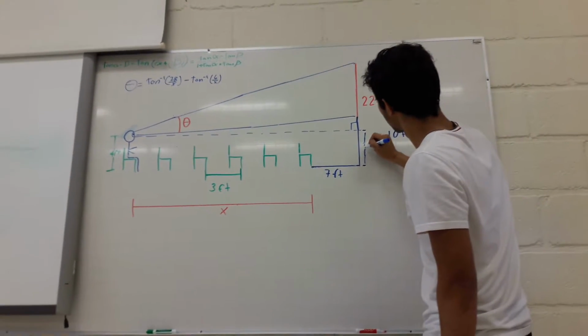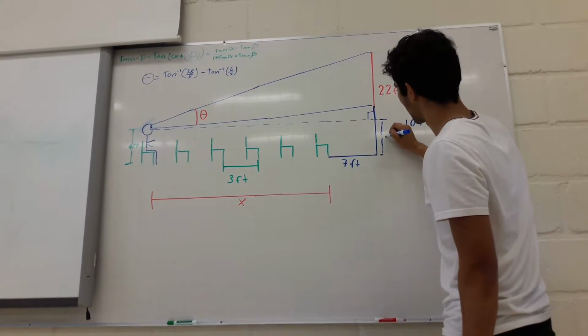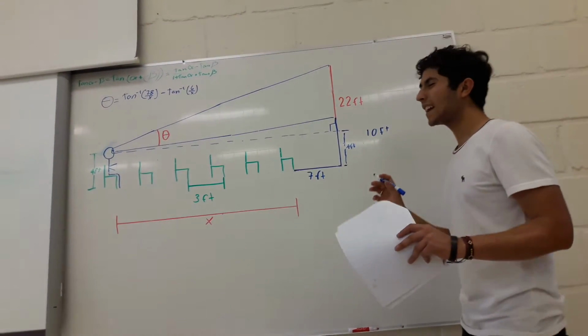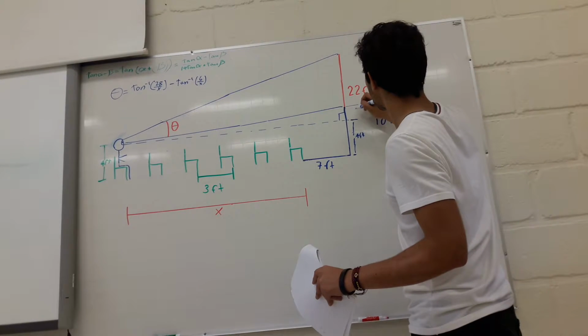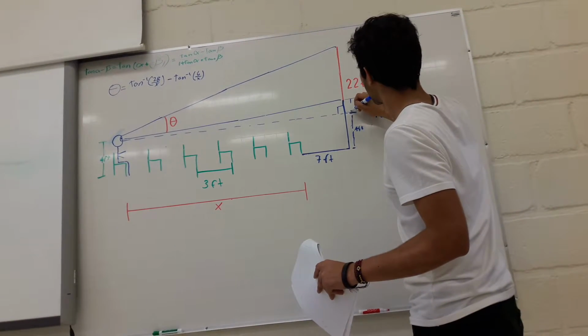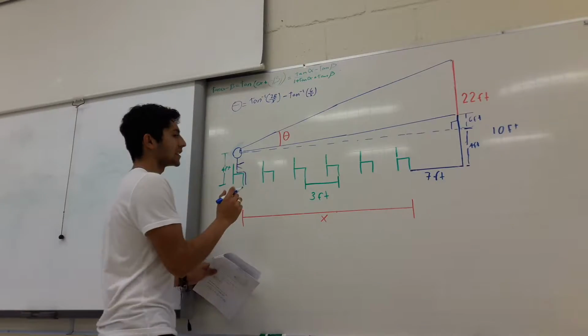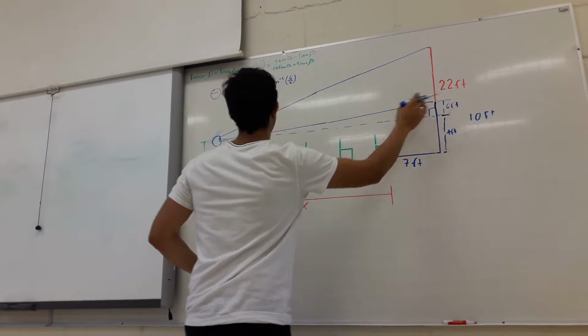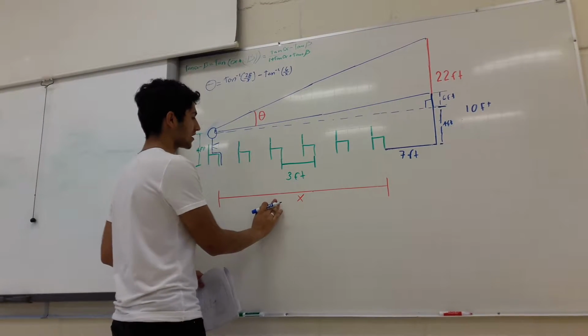So, it's going to be 4. And I know it's not in scale, but it is supposed that from here to here, it is 6 feet. The tangent is actually opposite over adjacent.